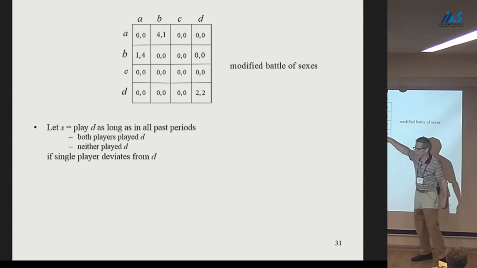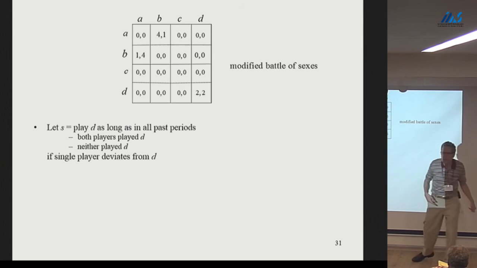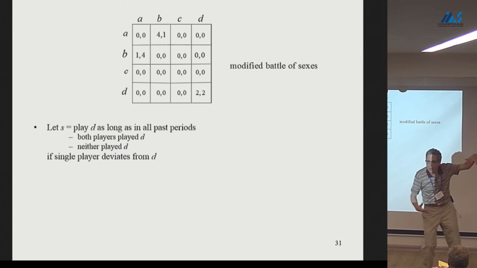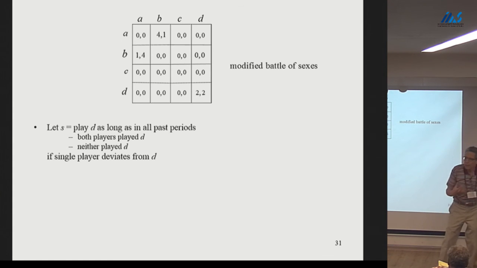But in the battle of the sexes, because we have available this large set of strongly efficient payoffs, we can tailor make the punishment for the player who deviated. We can punish that player in a strongly efficient way.